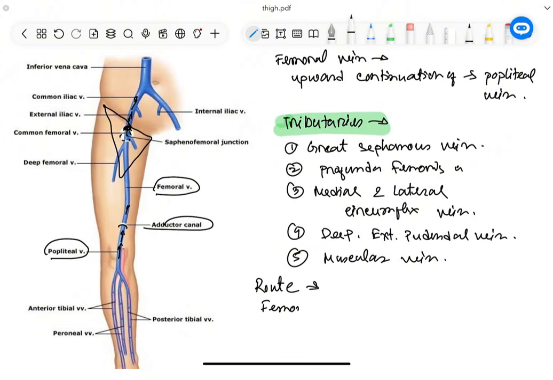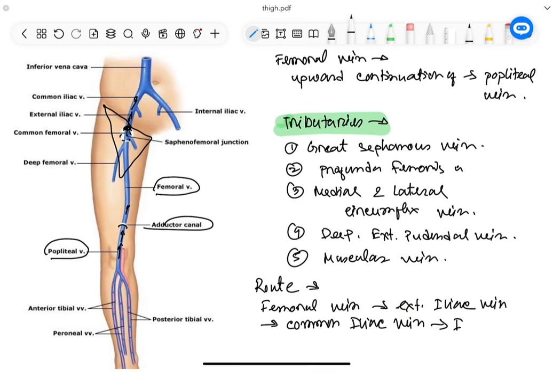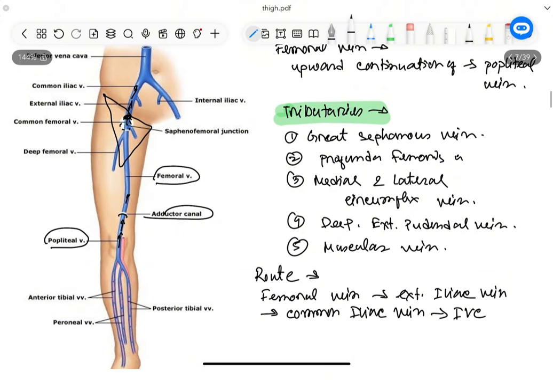Let us start from the femoral vein. The femoral vein will continue up as the external iliac vein. The external iliac vein will continue as the common iliac vein. The common iliac vein will continue as the inferior vena cava, and we all know the inferior vena cava will enter into the right atrium.